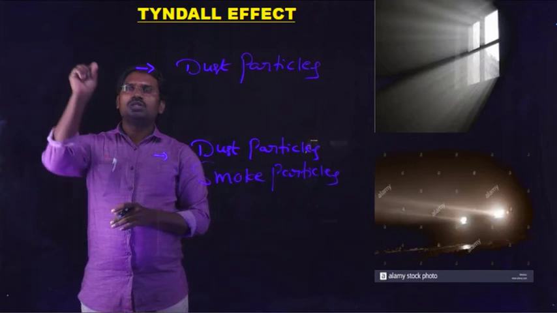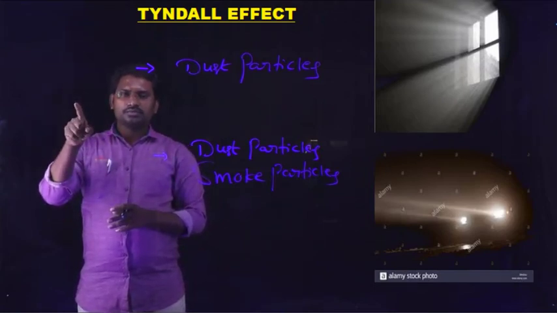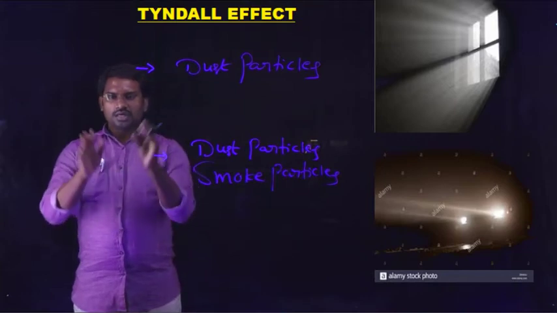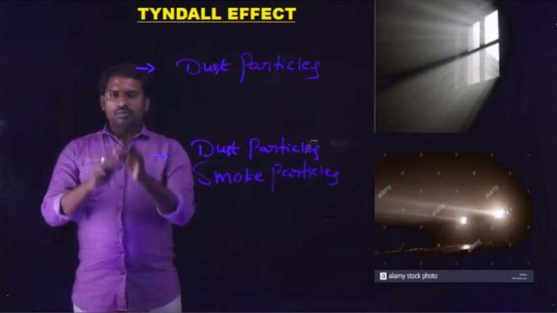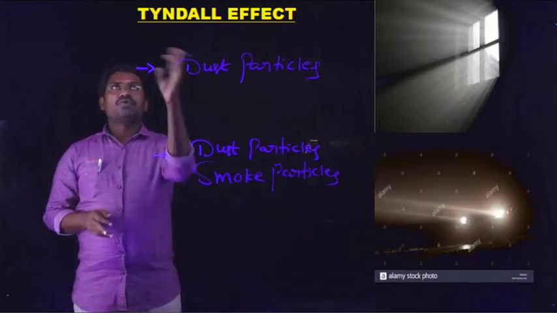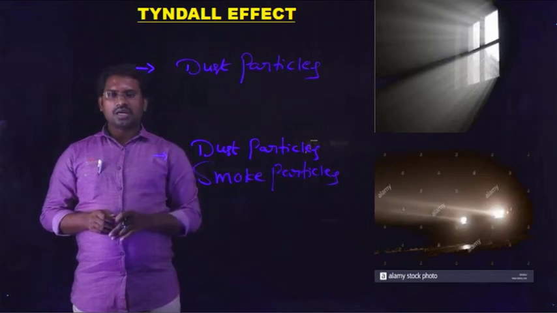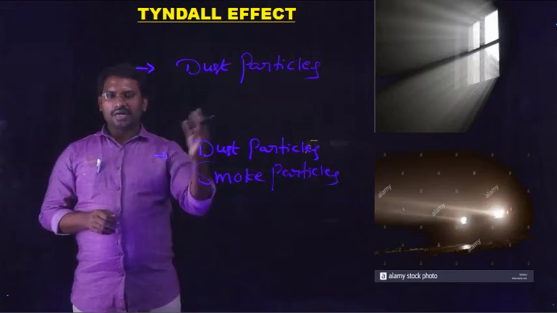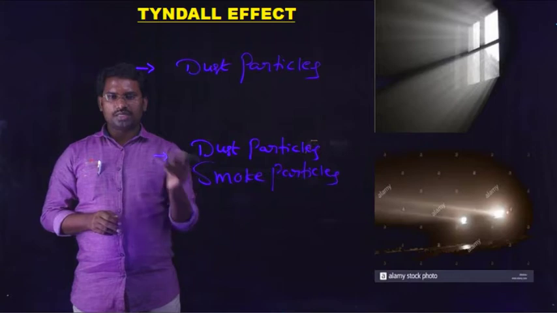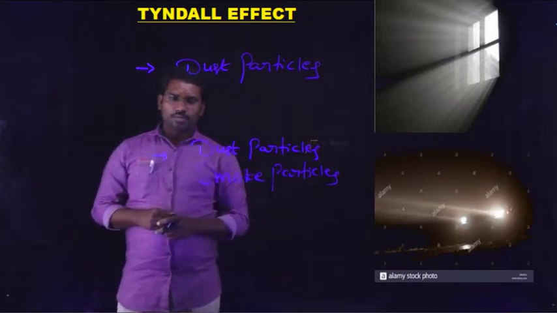When we look towards the sky, it appears blue. Therefore, the sky seems blue, but it is not an original color. No one can paint the sky blue. So it is another application of the Tyndall effect.